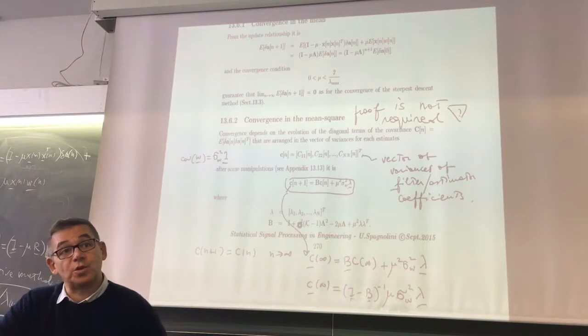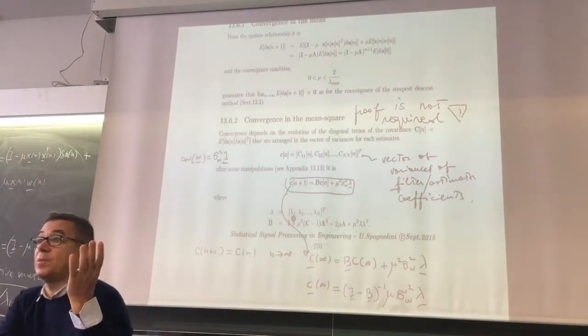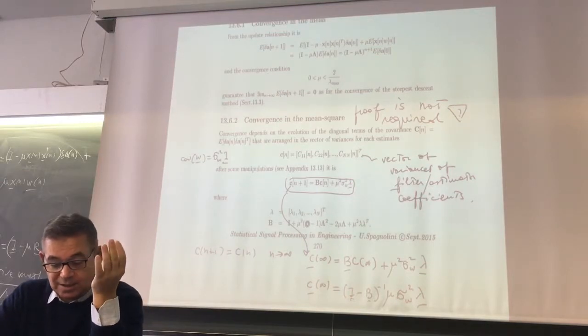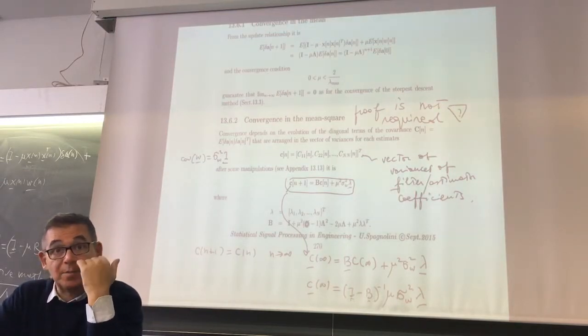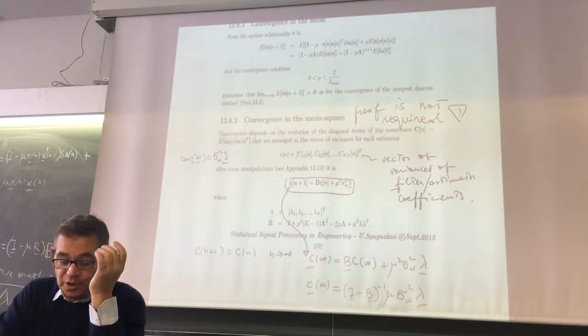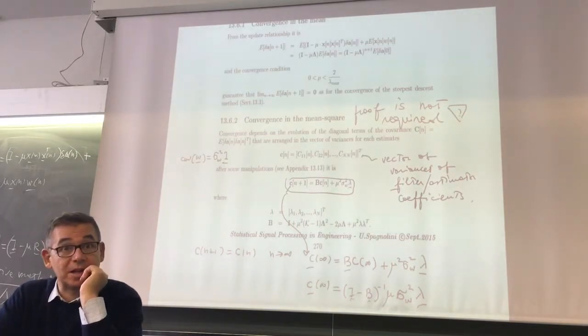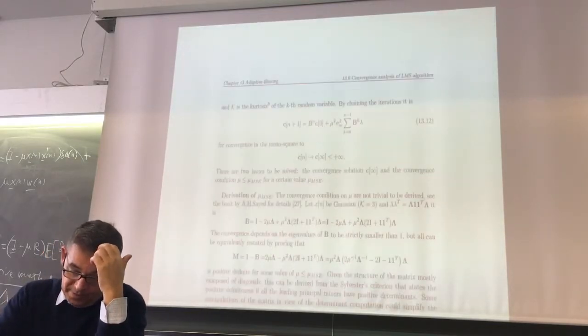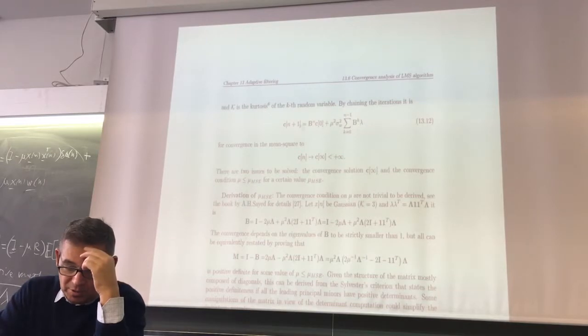It is a ratio between the fourth moment of the signal x, of the process x, divided by the square of the second moment. So beyond the definition, it's becoming kind of complicated. This is the complication. This is what I was mentioning to you.